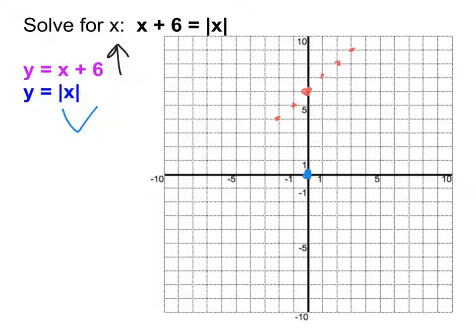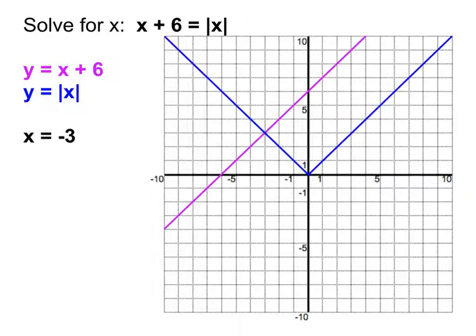And then we make our V from there. So that is up 1 over 1 on both sides. And so we graph them, and then we find our solution the exact same way. So to find the solution, we're just looking to see where do the two graphs cross. And in this case, they cross where x equals -3.